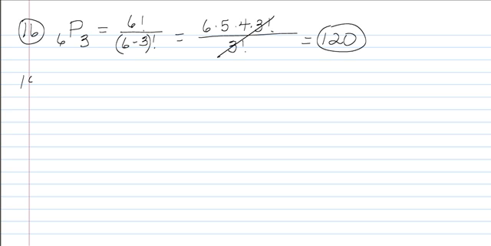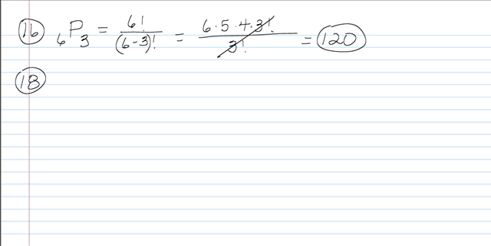Moving on to 18. In 18, it says an automated teller machine requires a 4-digit personal identification number using the digits 0 through 9. The first digit may be a 0. How many such pins have no repeated digits?